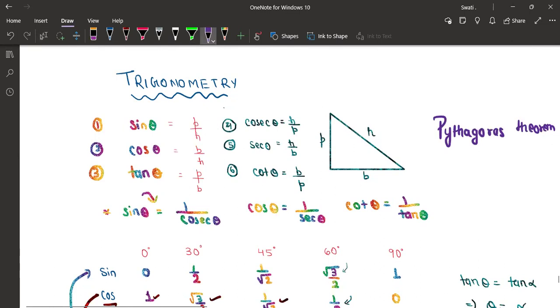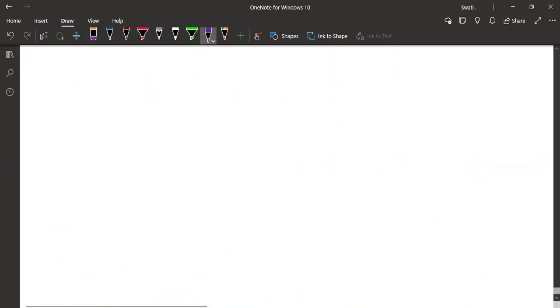H square is equal to P square plus B square. Very good. Okay, so remember how to solve this question, and you can solve some questions.